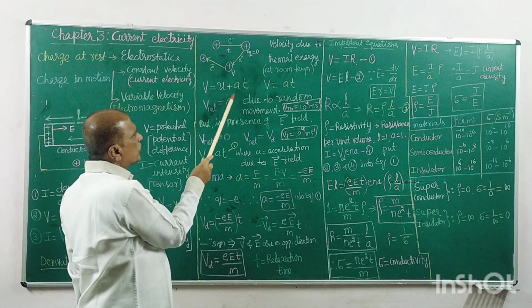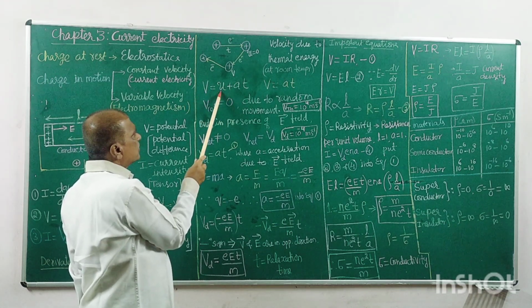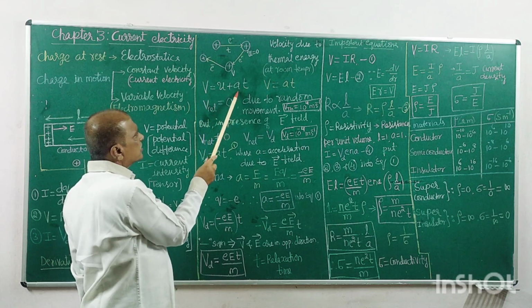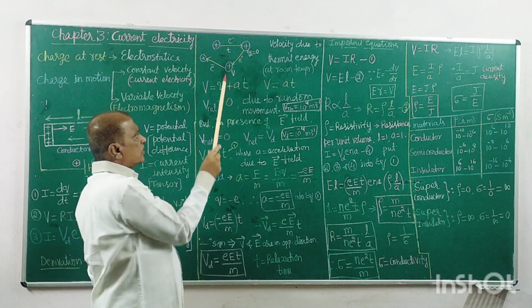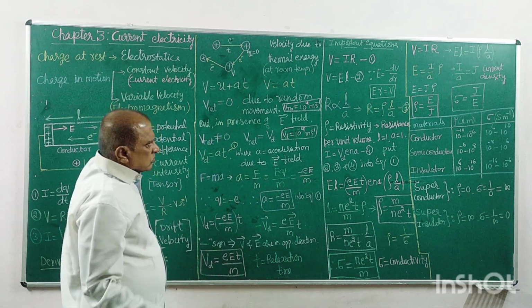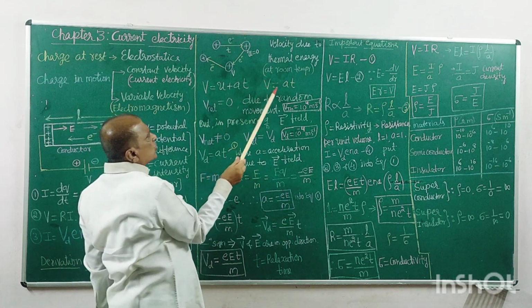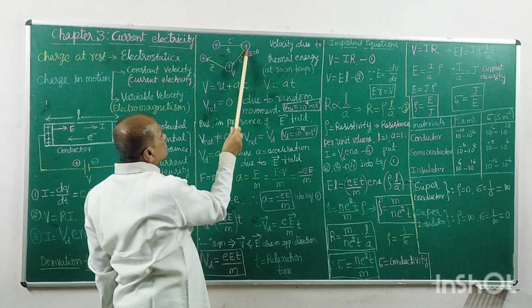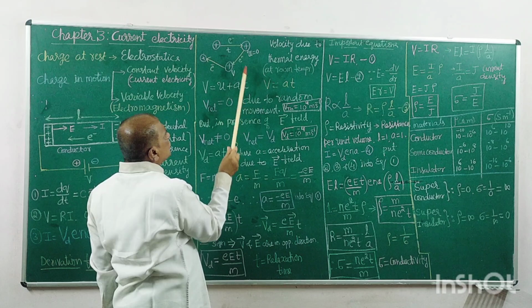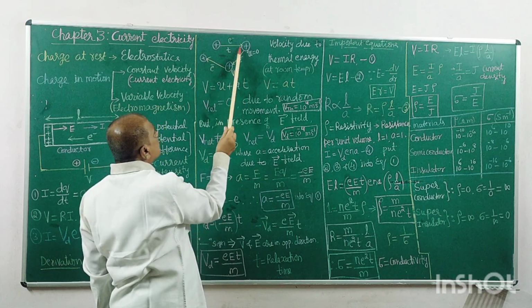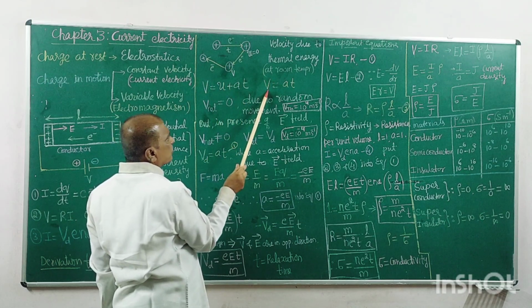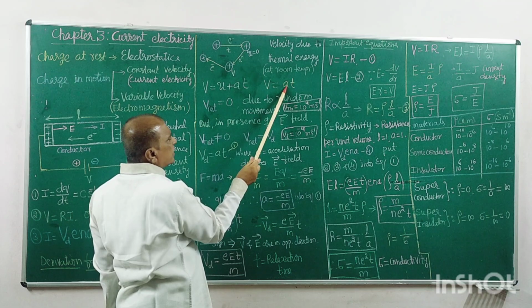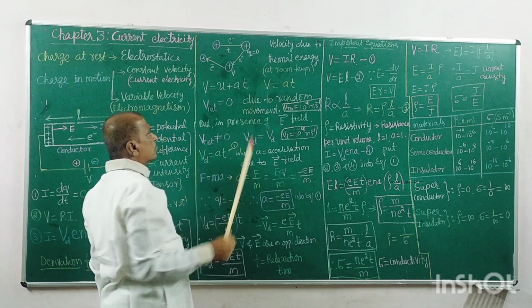This is the usual notation for velocity: initial velocity u, and velocity v after time t, accelerated due to thermal energy. This v is equal to at, because u equals 0 initially. This is called the average velocity, and a is the acceleration due to thermal energy.